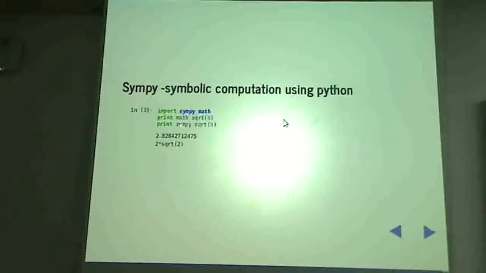But if you do print sympy.sqrt(8), it does this as a symbolic computation, and it simplifies it as much as possible, but no more, and prints out 2 square root of 2. That is the square root of 8, of course, but it hasn't really converted that into a number. This is a package which is under active development.